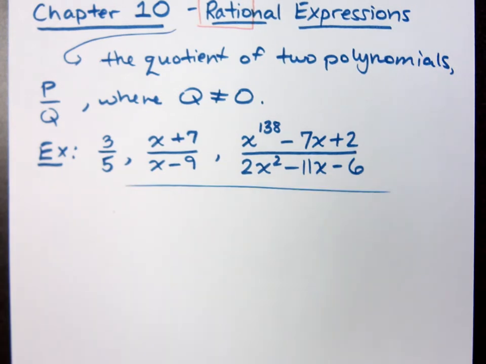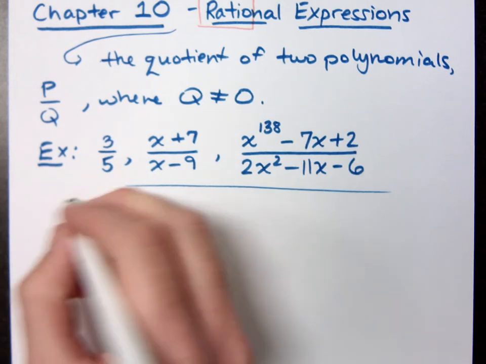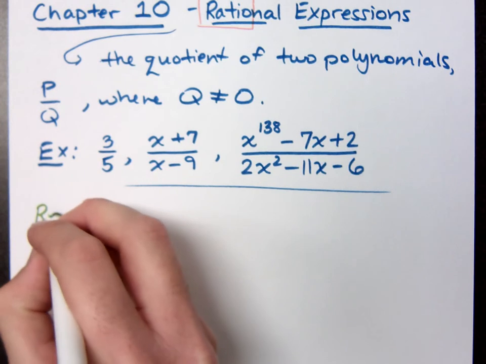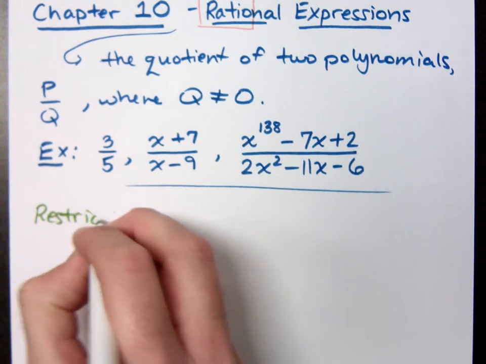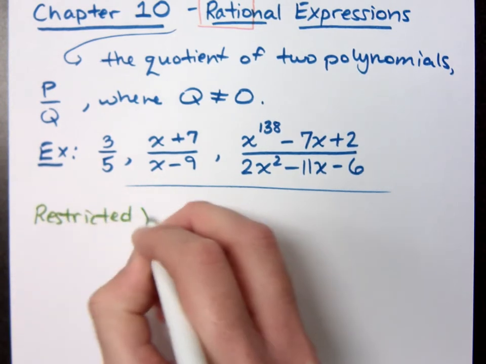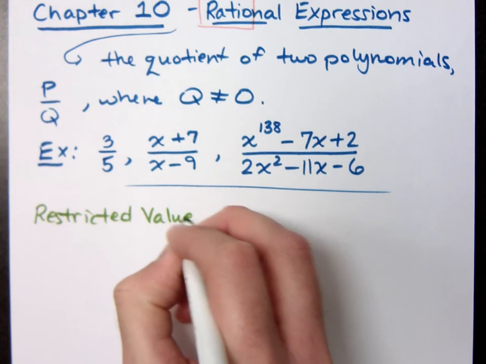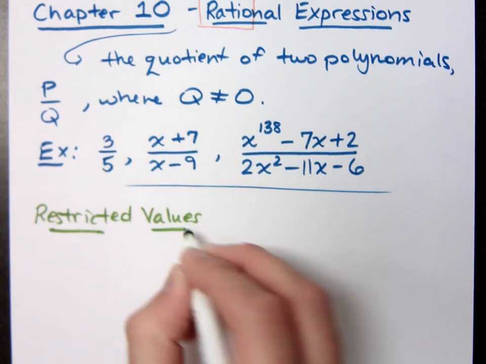So when we talk about these, we also want to talk about restricted values. You guys remember when we talked about domain a long time ago? The domain was the set of x values that we used to make up a function or a relation or an expression. Restricted values have a direct connection with domain.